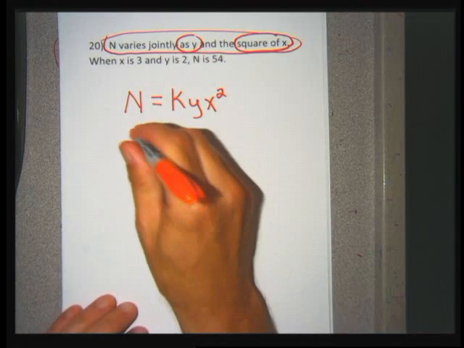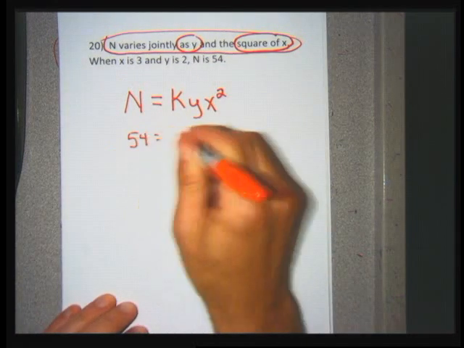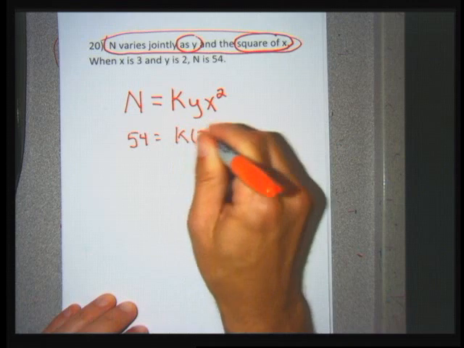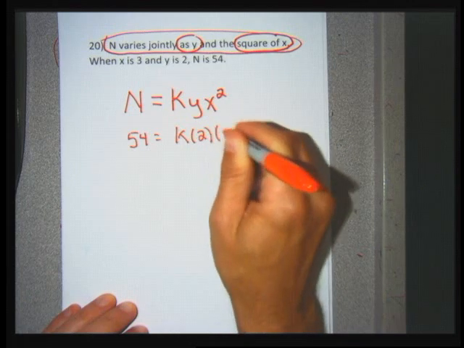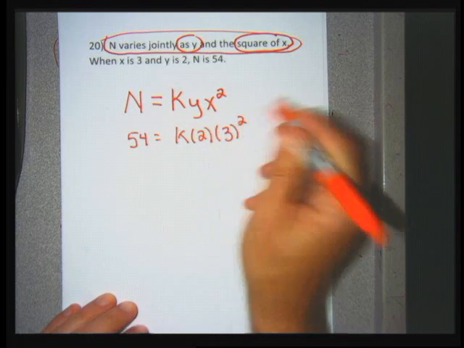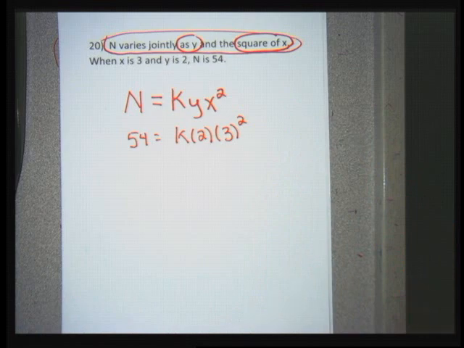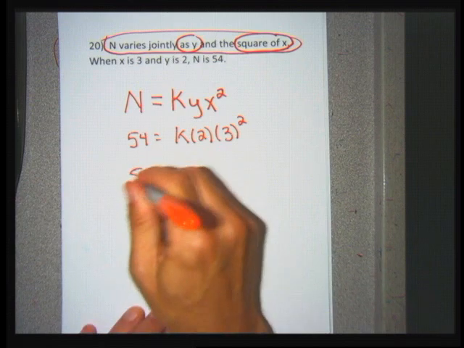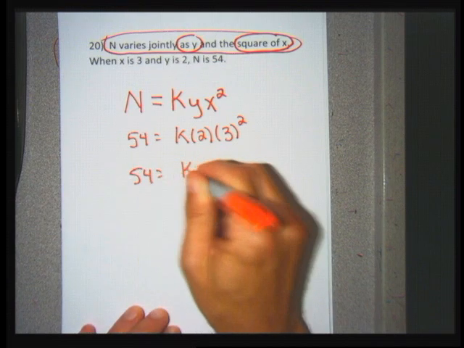Plug the numbers in, plugging 54 for n, leaving k alone, plugging 2 for y, plugging 3 for x. Notice this time I used parentheses instead of times signs. Those are interchangeable. They both mean times. Orders of operations: I need to do the exponent before I do the multiplication.